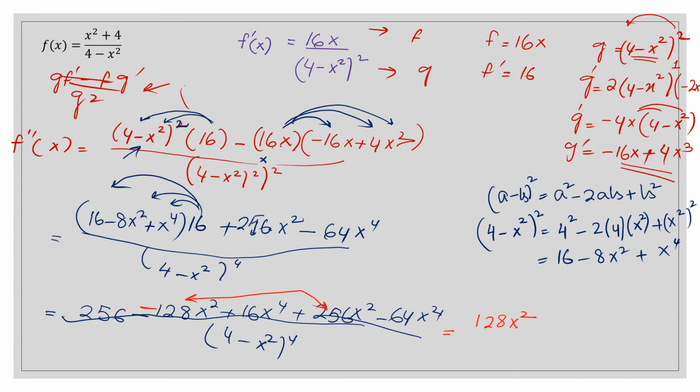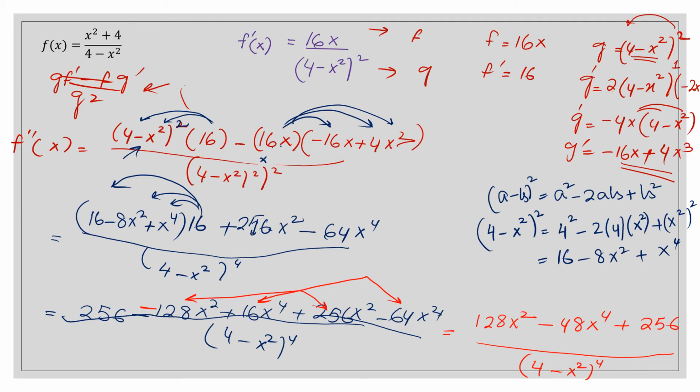Similarly, positive 16x to the power 4 and negative 64x to the power 4 will give you negative 48x to the power 4, and then only one constant, that is plus 256, is left. And the denominator you write down as it is.